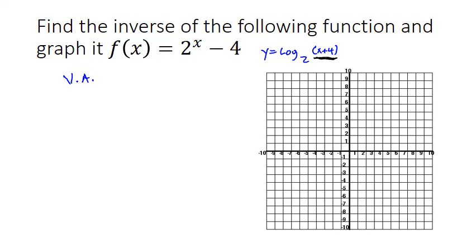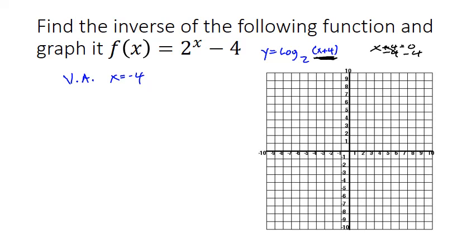Because remember, we can never have 0 as an argument for a log. What that would mean is basically that we could raise something to a power and end up with 0. So when exactly would this happen? It would happen whenever x plus 4 equals 0, or in other words, when x is equal to negative 4. So our vertical asymptote is going to be at x equals negative 4.